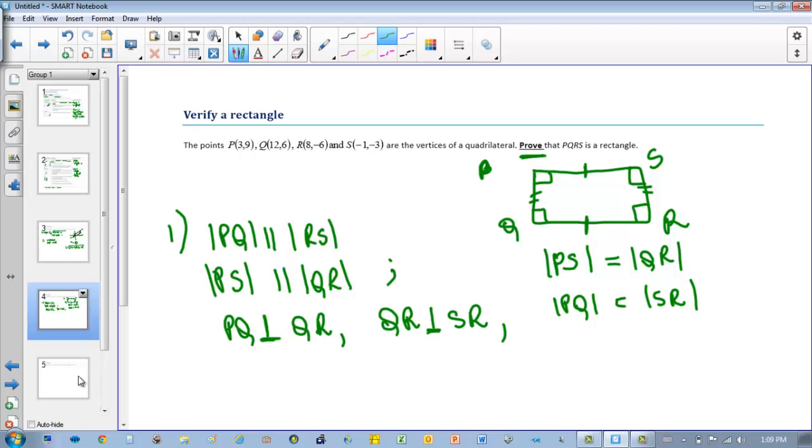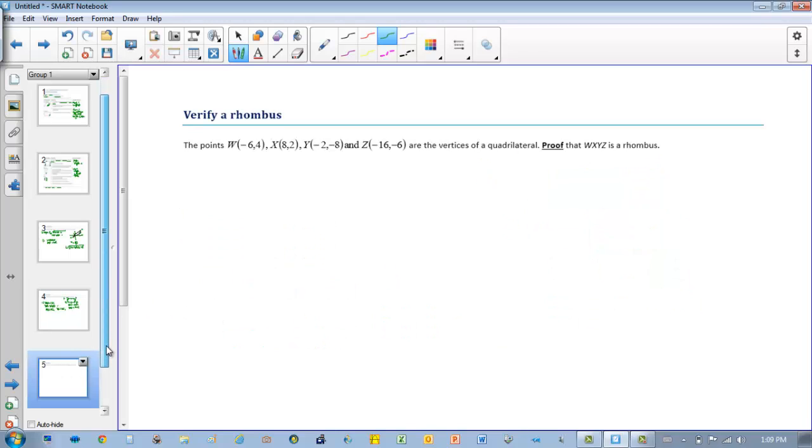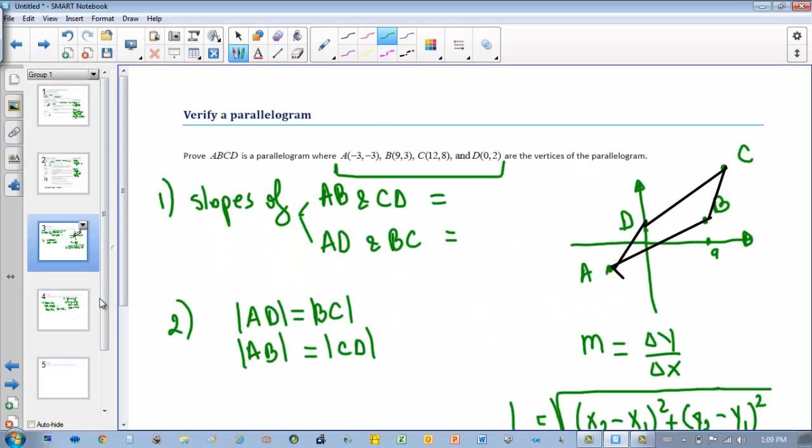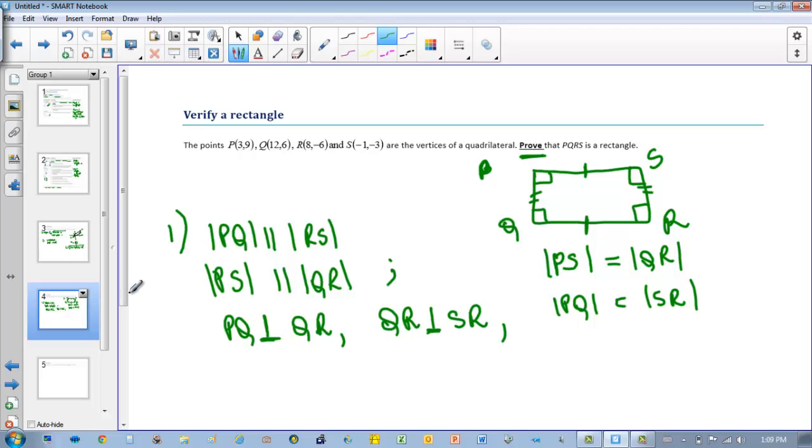And last but not least, the last one is verifying a rhombus. What I want you to start with when you start verifying that this particular quadrilateral is a rhombus is to go through the same kind of thinking that we did in the previous two examples and write down what you have to do.